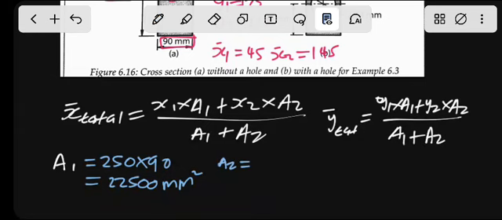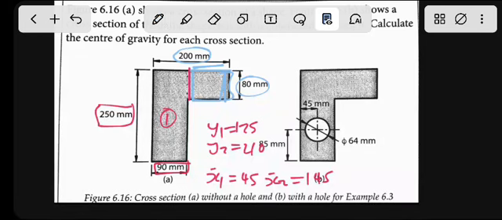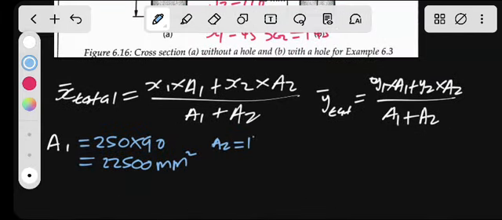We focus on this rectangle, this little piece. 200 subtract 90 is 110, multiplied by 80, so this area will be 8800 millimeter squared.